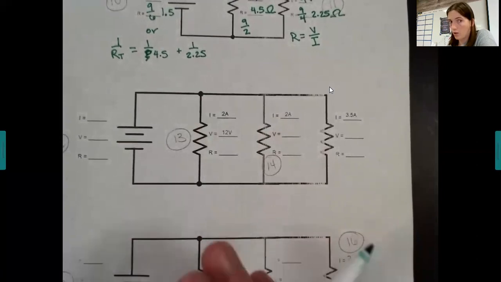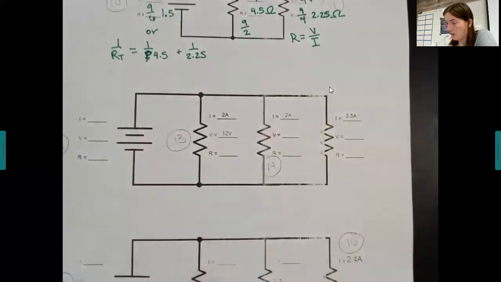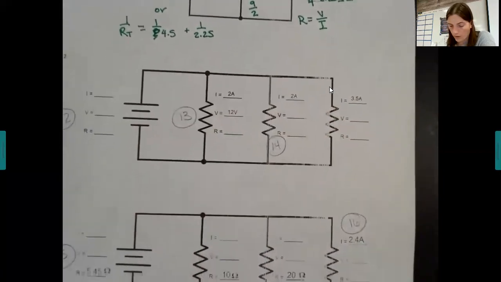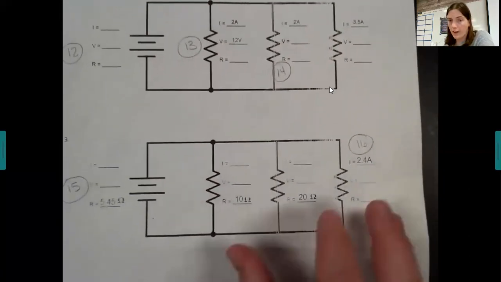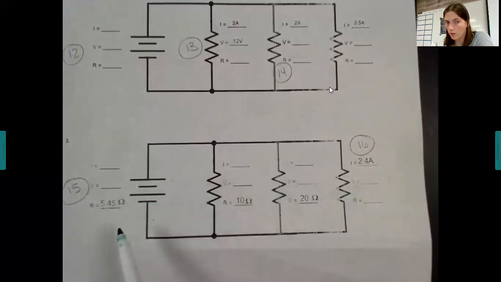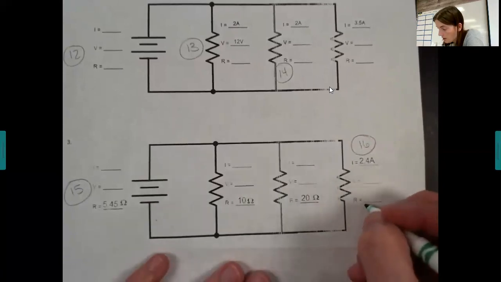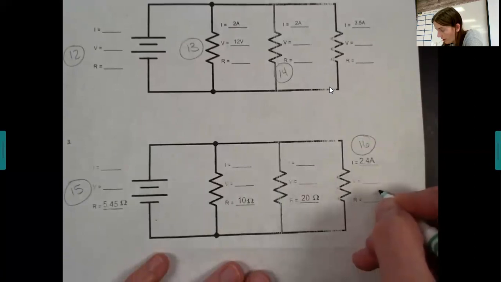Again, using the same path that we did for the one before. For this last one, notice how we don't know the voltage for anything. But what do we know? We know 3 of the 4 resistances. So first, you're going to find this R value.